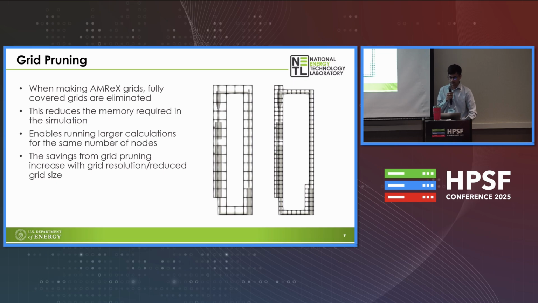This reduces the memory required and also enables us to run larger systems with the same number of nodes. And as you can notice, the savings also depend on how small the grid sizes are. So the pruning savings become larger as the grid resolution is smaller and the fitting around the geometry gets tighter.